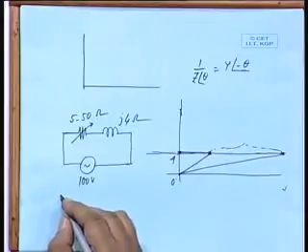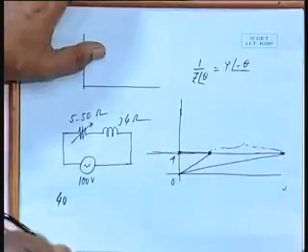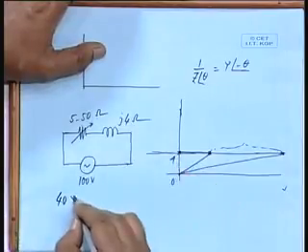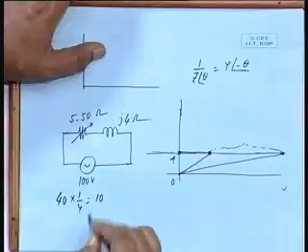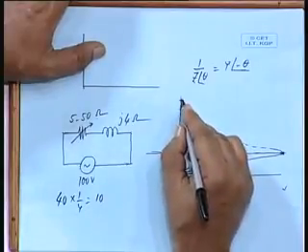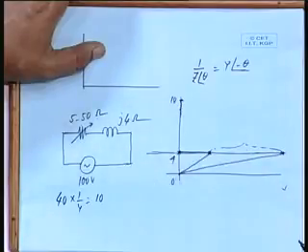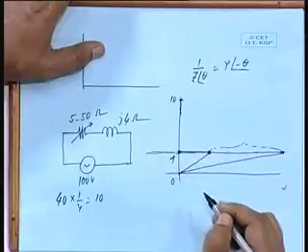Say I have taken a scale factor of 40, then 40 into 1 by 4 will be 10 units. So, I can choose 10 units here and choose this as 1 by 4, all right.